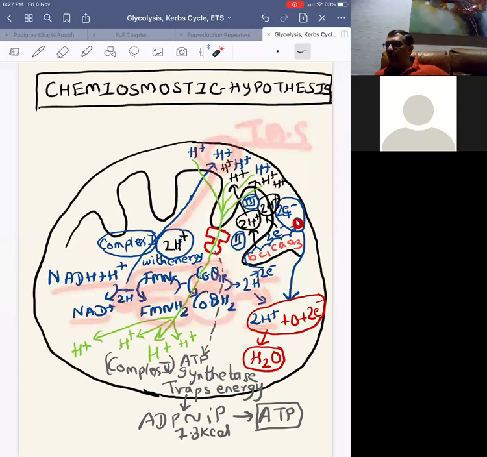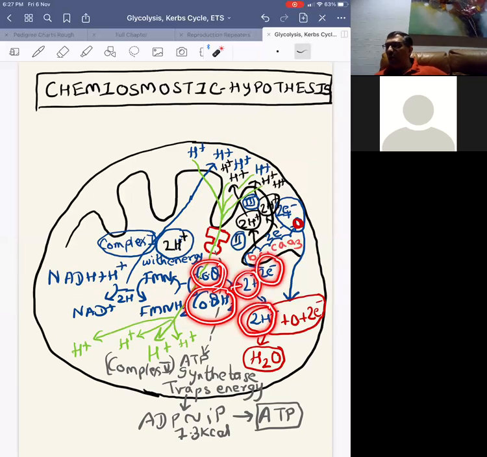And hydrogen from coenzyme QH2 became coenzyme Q. Hydrogen split to form proton and electron, of which energy goes into electron. Where will protons remain? Protons will remain in the matrix.